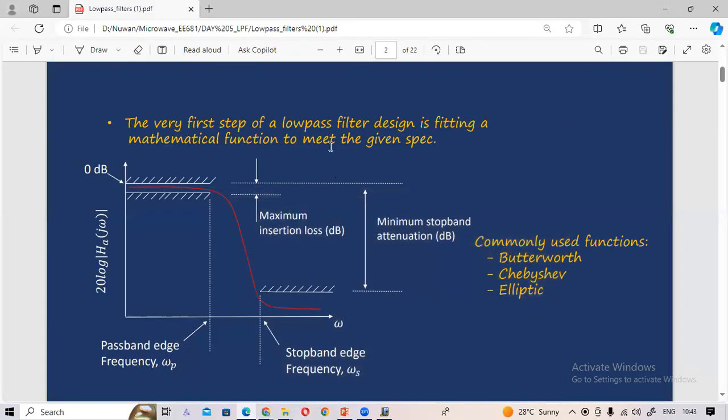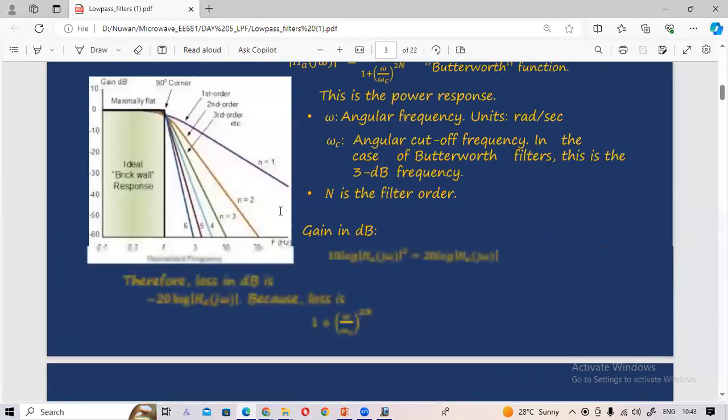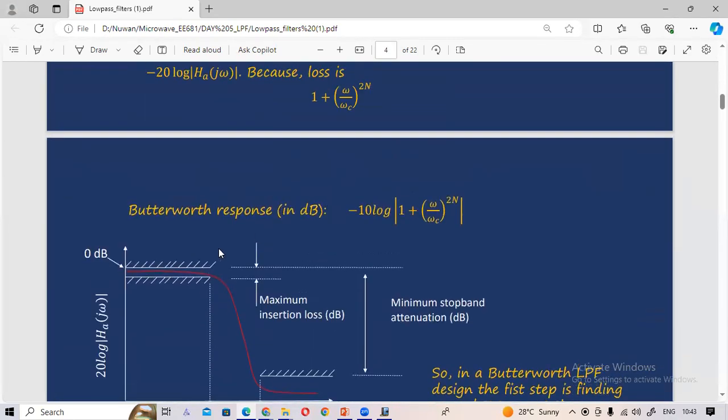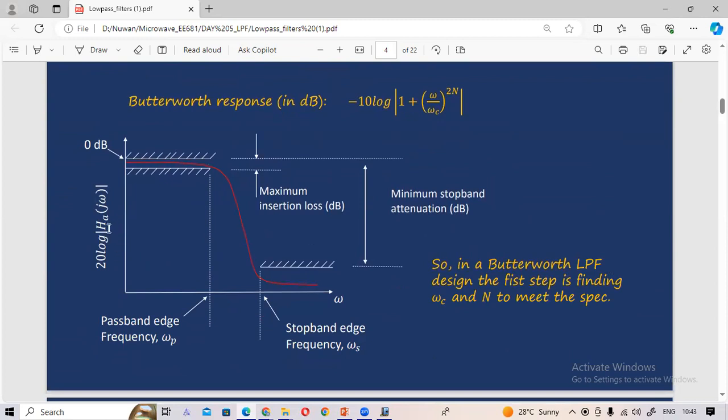Based on the function, you can also classify the filters. There are three commonly used functions. The function means the response, this one. You can see that this is the response H(jω), and it is squared and you take 10 log. That means it is in dB.